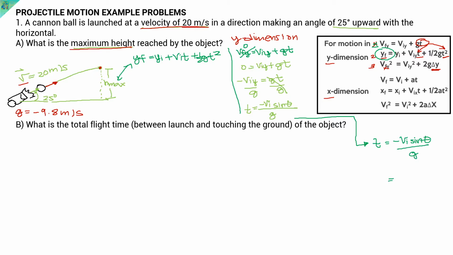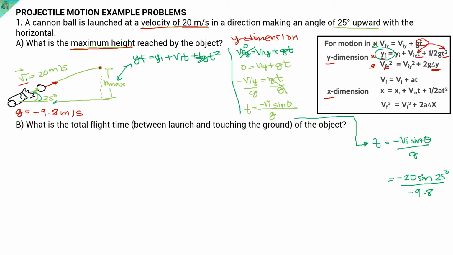Our negative VI is the velocity given, which is 20 meters. So that would be negative 20 sine 25 degrees over the acceleration due to gravity, and that is negative 9.8. Again, I won't write the units, so it will be cleaner for us.